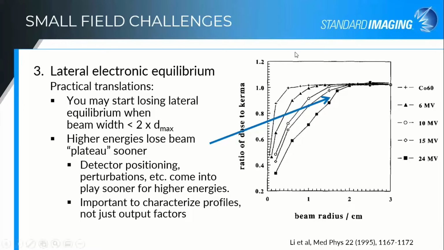What that really means is that your higher energies lose that flat, nicely equilibrated plateau region sooner than the lower energies, because your electrons have so much more energy, need to travel farther, and therefore scatter out more easily as you get to smaller fields. So your detector positioning and perturbation corrections all come into play sooner for higher energies as you go smaller and smaller in beam size.